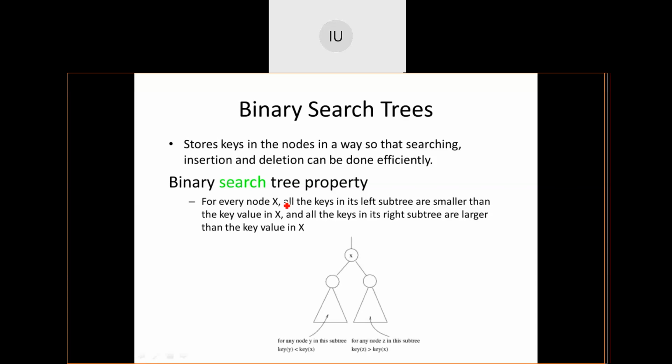If x is the root node, any element that is lesser than the key value of x, that is the root, occupies the left hand side of the tree. All those elements whose values are greater than the value of the root node will be taken in the right subtree of the binary search tree.